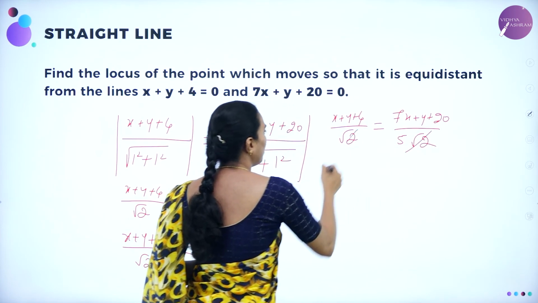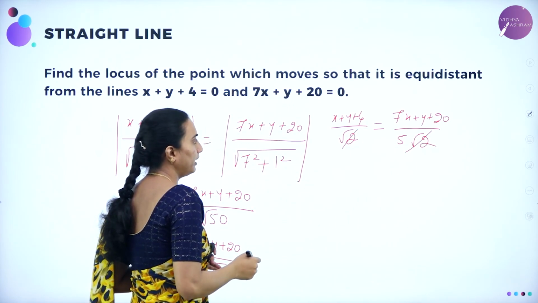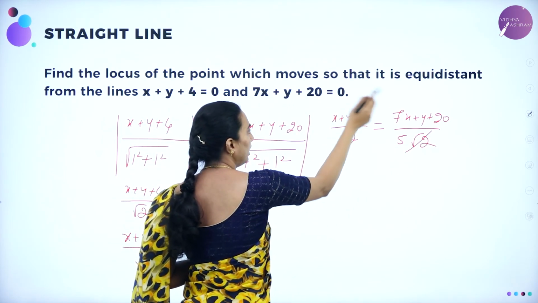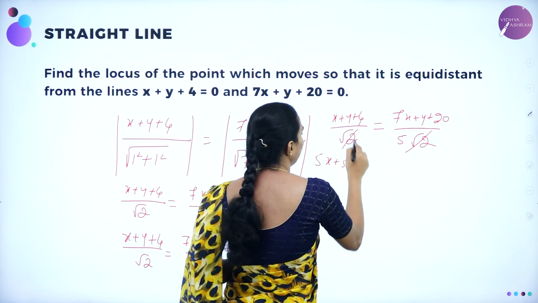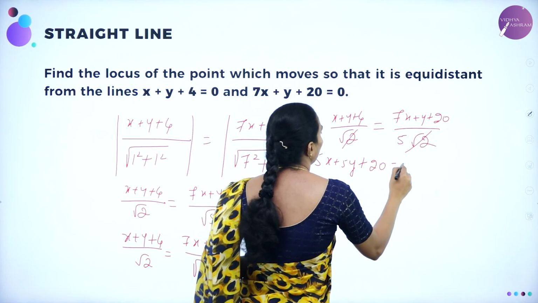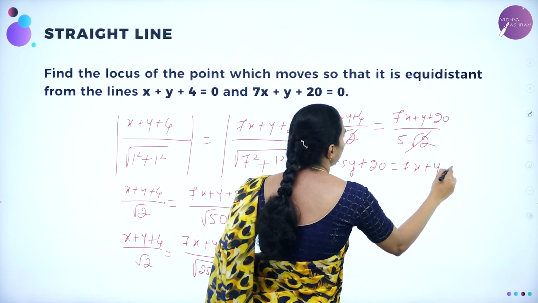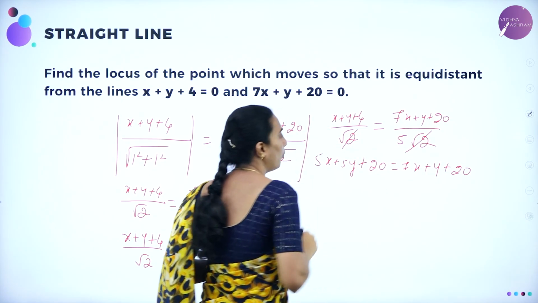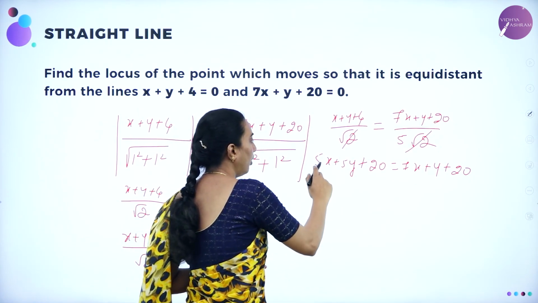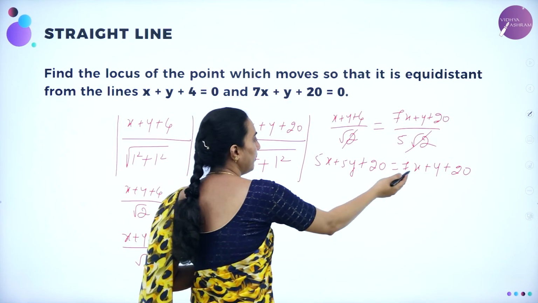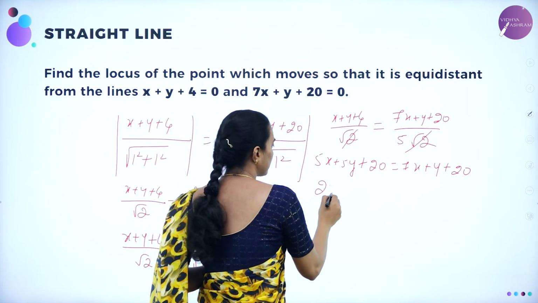So here root 2 will go. Now cross multiplying, you are going to get, let me bring all the terms to that side. 5x plus 5y, 5 4s are 20 is equal to 7x plus y plus 20. Here you are having 1. 1 will be multiplied, you are going to get the same thing. Now transferring all the terms to that side, 7x minus 5x is 2x.